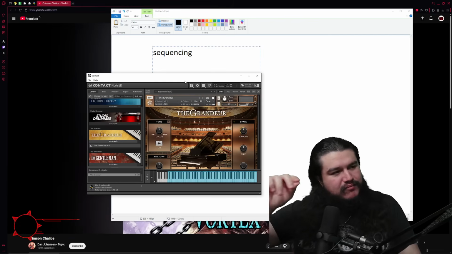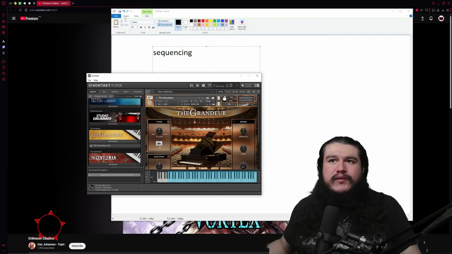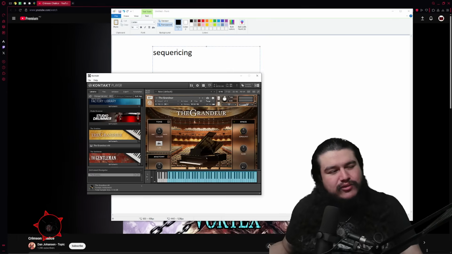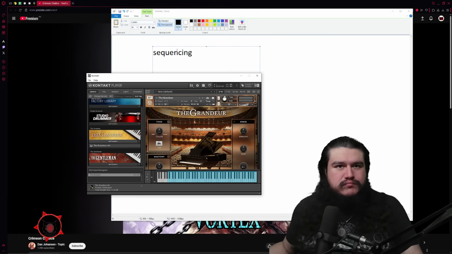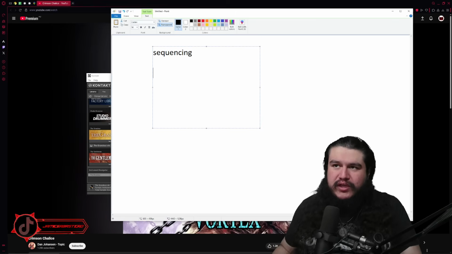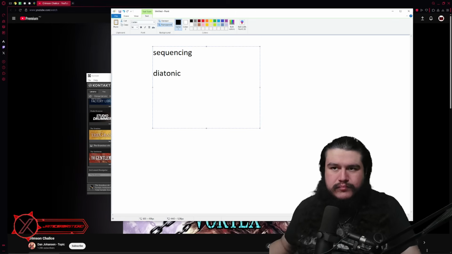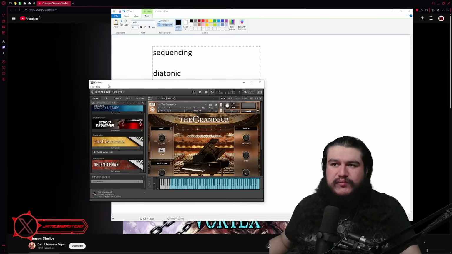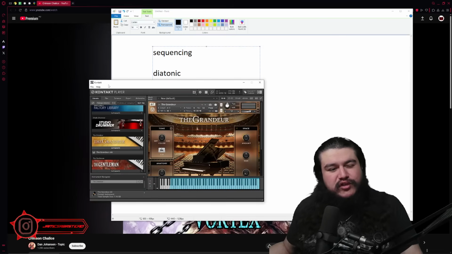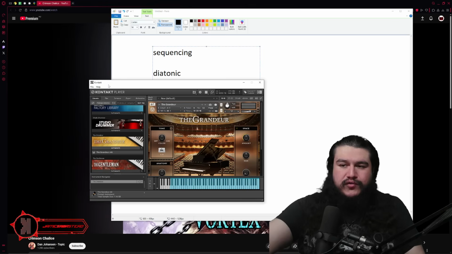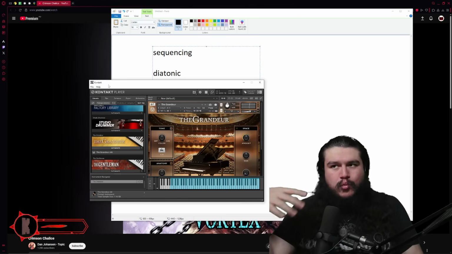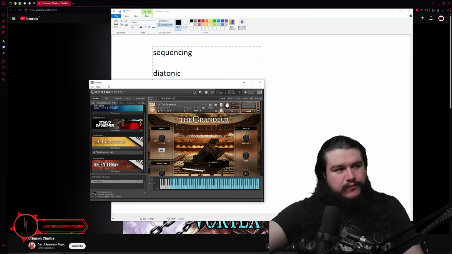You just repeat the same overall shape from a different starting point, usually within your scale. By the way, if you do it within your scale, it's called diatonic. If you're playing the same melody just from a different point in the scale, still respecting the scale that you're in. So, for example, here, that is diatonic if we're doing it here.